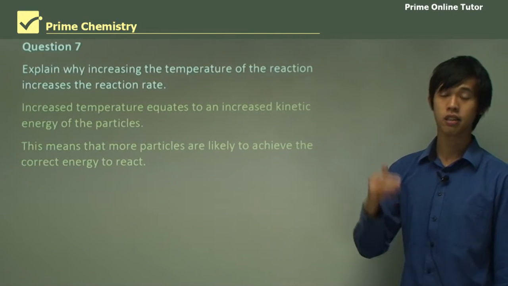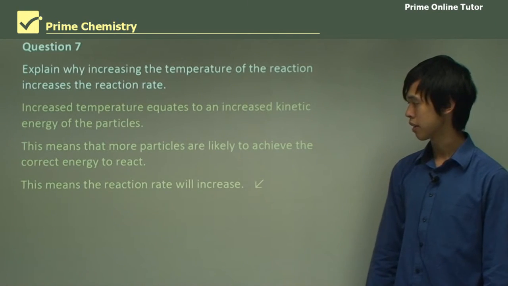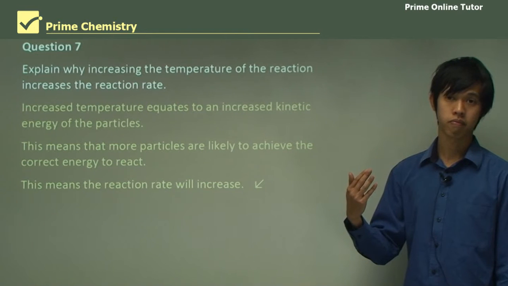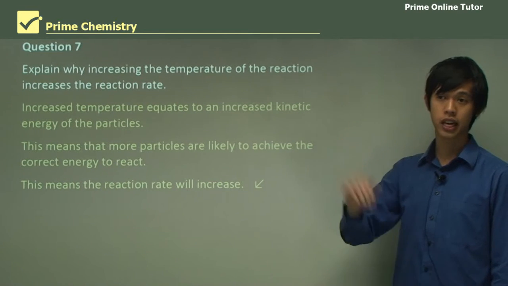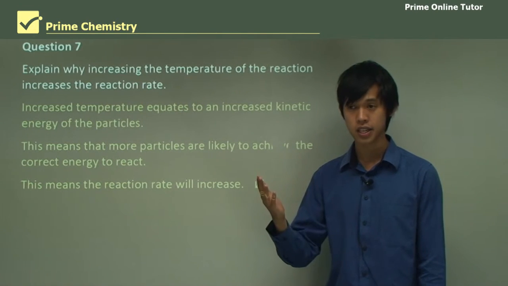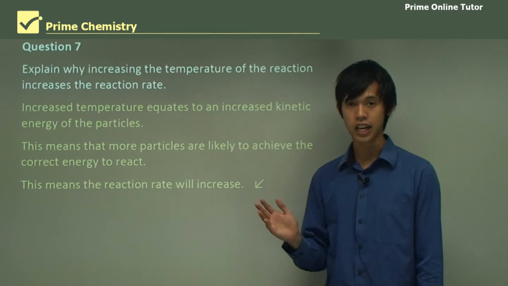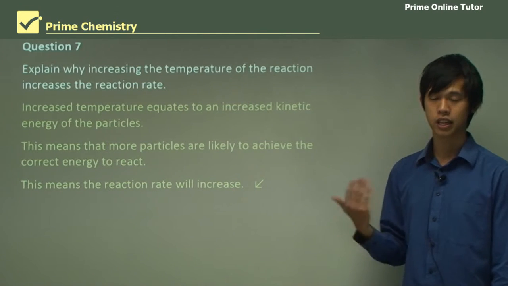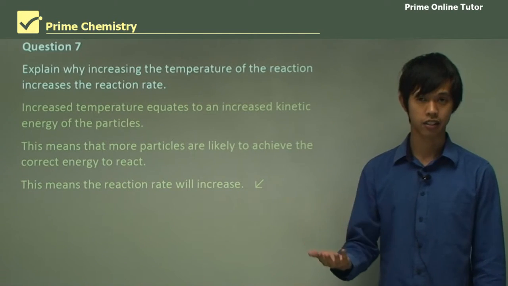They're much more likely because there's more energy available. And that means the reaction rate will go up, because now more particles are in the state where they have enough energy to react. So if more particles have the energy to react, there will be more collisions with the correct energy, which means there'll be more reactions. Okay?